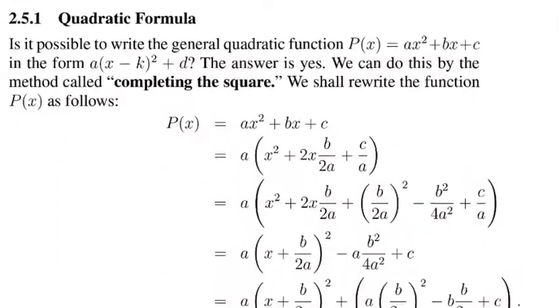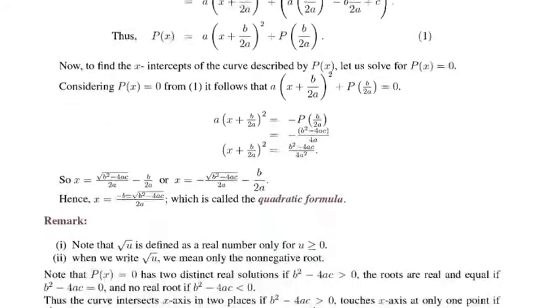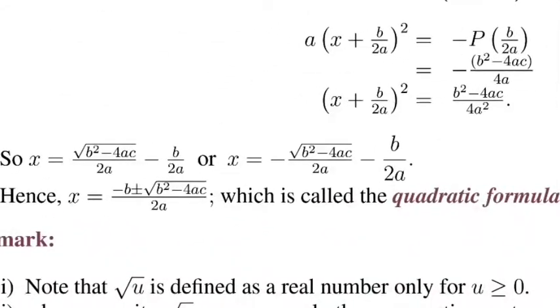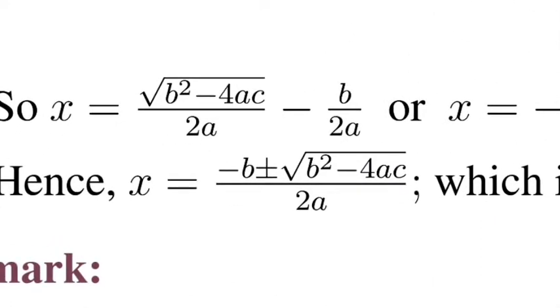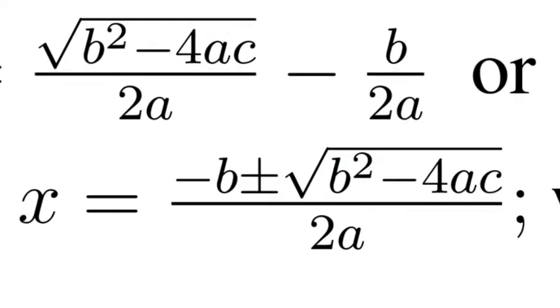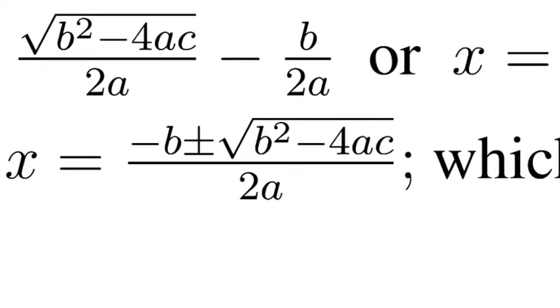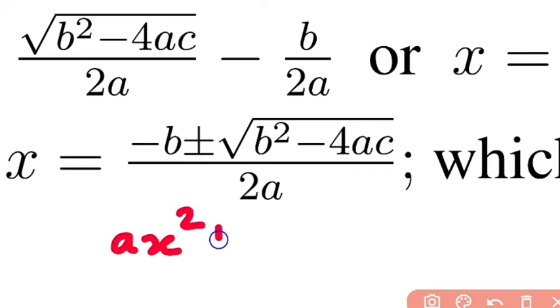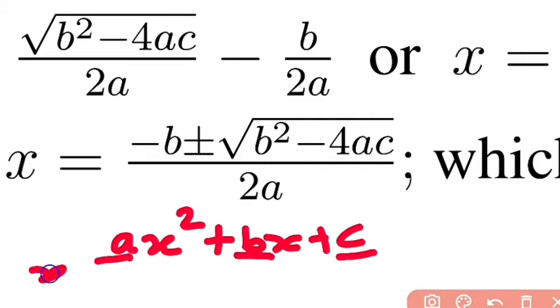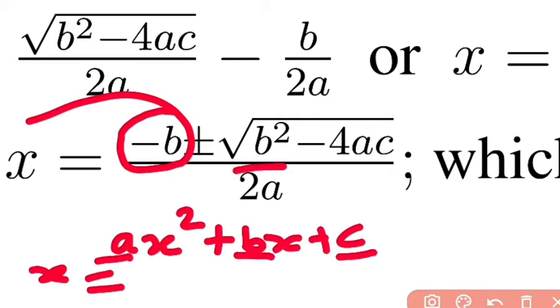Next, the quadratic formula. For the quadratic equation ax square plus bx plus c, with a value, b value, c value, x equals minus b plus or minus root of b square minus 4ac, by 2a.